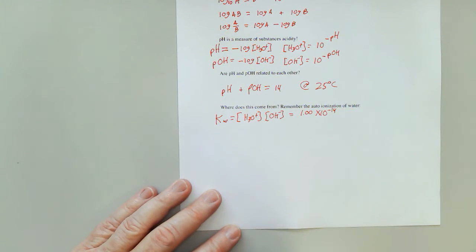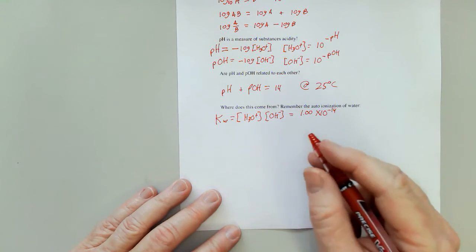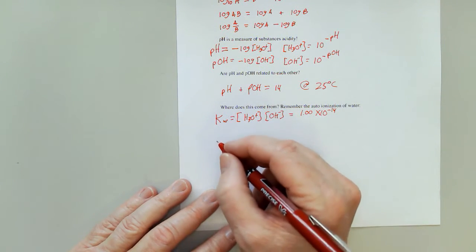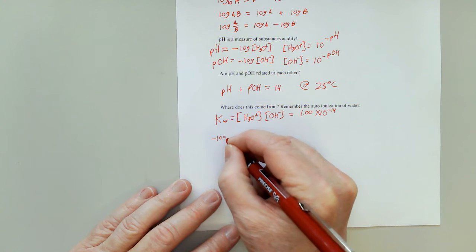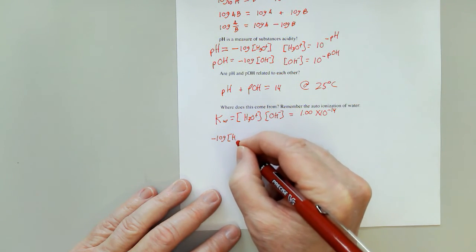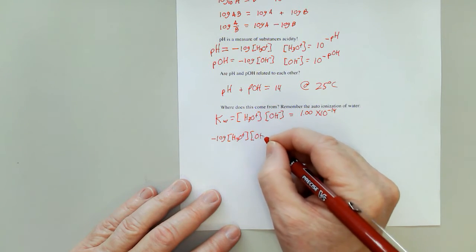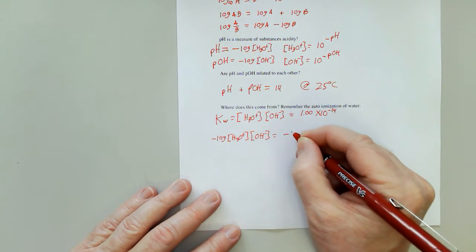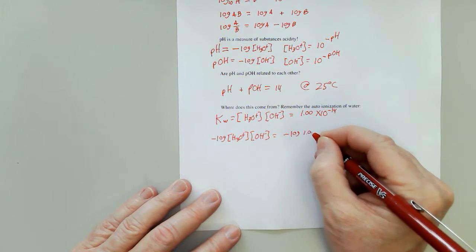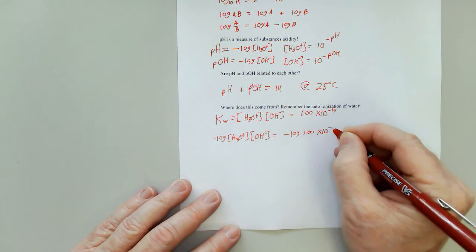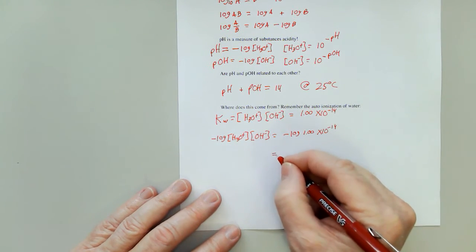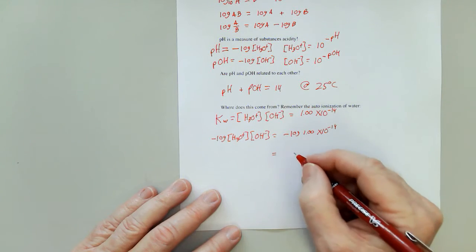Now, I'm going to take the negative log of both sides. So the negative log of the H3O plus times OH minus is equal to the negative log of 1.00 times 10 to the negative 14th. Now, I know that equals 14.